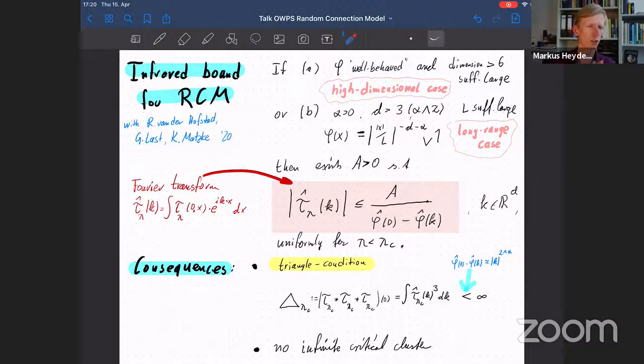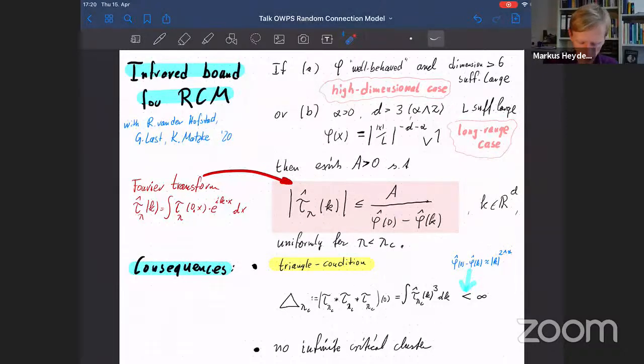Those are the ones that give us the relevant information, because they correspond to the spatial distance between the 2 points being large. This is what we are interested in: we want to see the asymptotics when x goes large, and that corresponds to k going to 0. It's true for all k, but for k close to 0, it's most interesting.